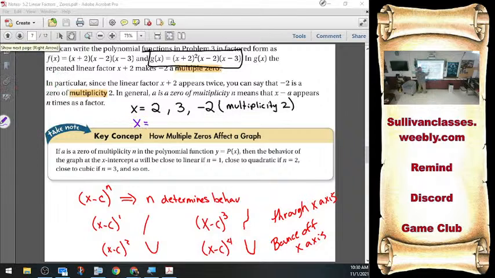This is my notation. You don't have to, but it just seems natural for kids who take high school science classes to just put a subscript on there to say there's two of them, like H2O. There's two hydrogens. Okay. So if you're solving them and writing out their zeros, that's how the book wants you to write it. I'm okay with you writing it like this. Multiplicity determines behavior. Nice and simple.